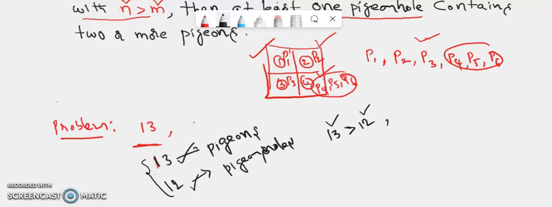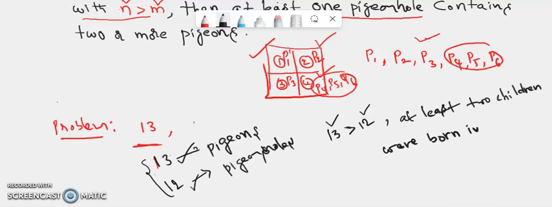Then by the above principle, there must be at least 2 children who were born in the same month.